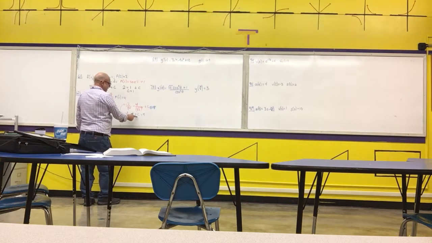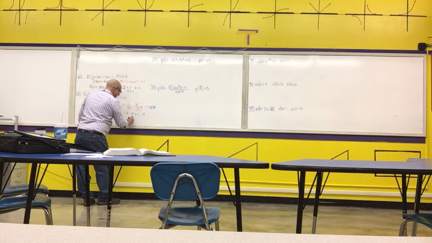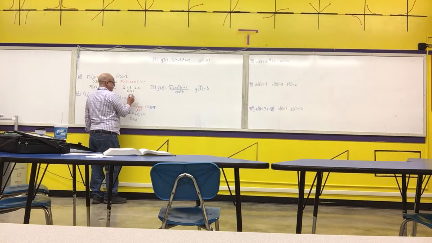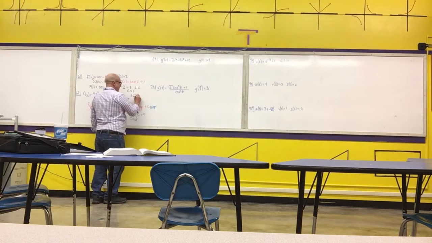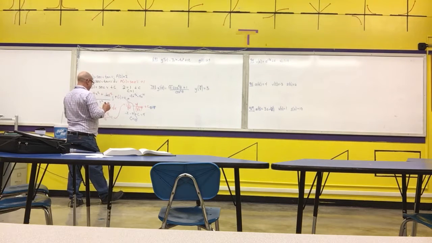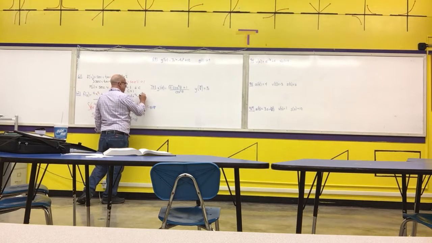That's negative 6. Add 6 to both sides. I get C equals 10. So the final answer is, sorry about the space, negative 2 x to the negative 1/2 minus 4 x to the negative 3/2, plus 10.